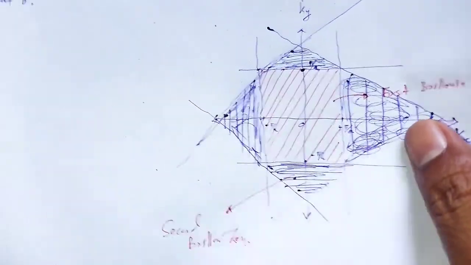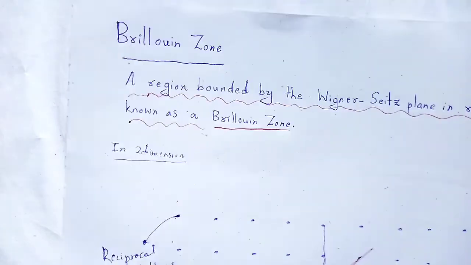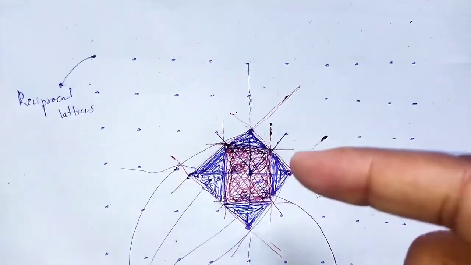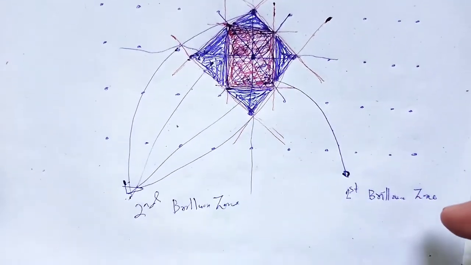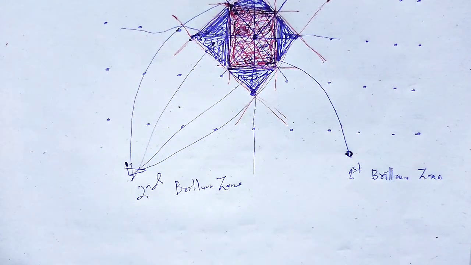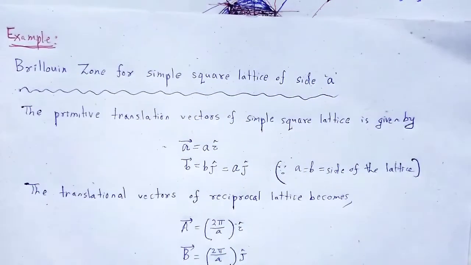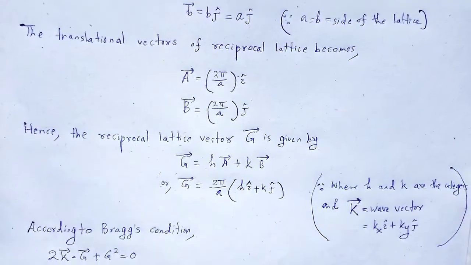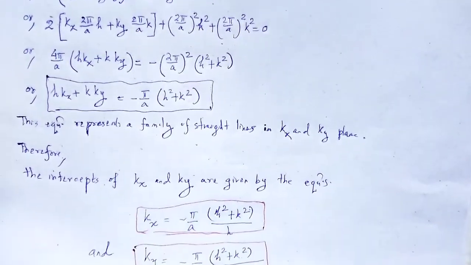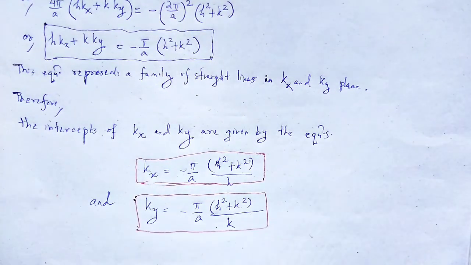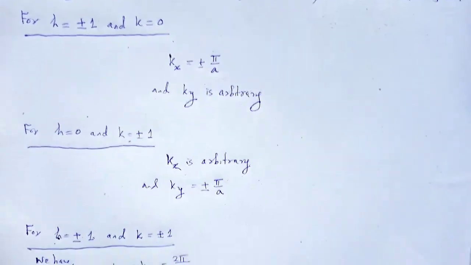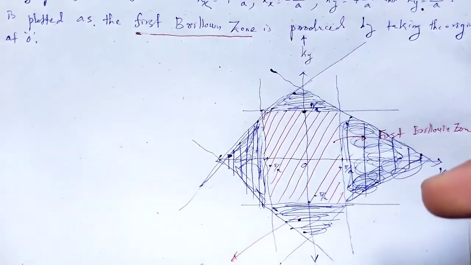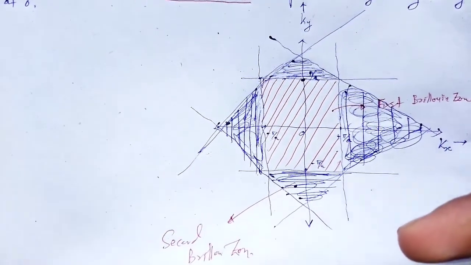So with the help of this video lecture, we understand the concept of a Brillouin zone, what a Brillouin zone is, and how we construct Brillouin zones in 2 dimensions, with an example of the Brillouin zone for a simple square lattice having side A, constructed mathematically.